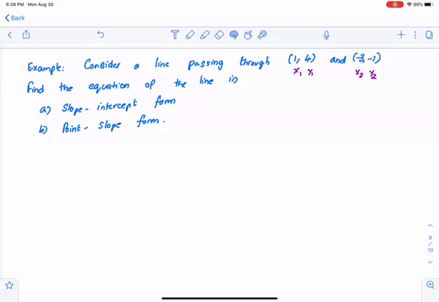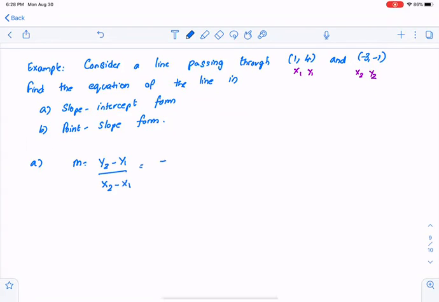So here we have 2 points, (1, 4) and (-3, -1). The first step, of course, is to find the slope. The slope m is y2 minus y1 divided by x2 minus x1.